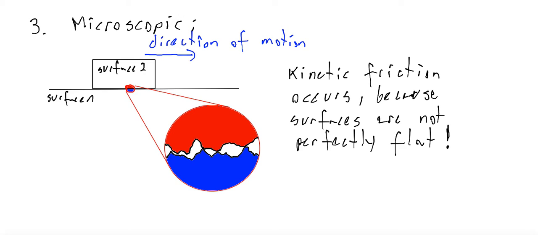It's very, very important. Yes, surfaces are not perfectly flat. Please copy this as point number 3. So you can stop the video, copy this, and when you are ready, turn it on again, and then the next point.